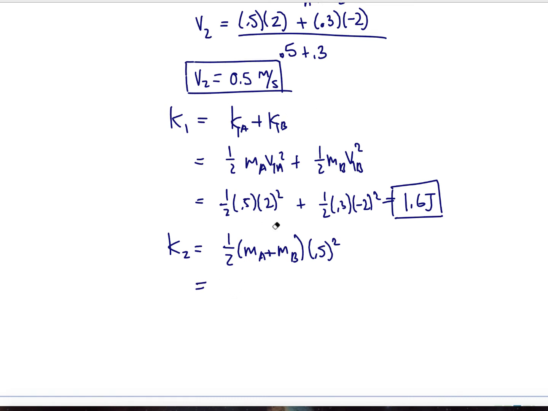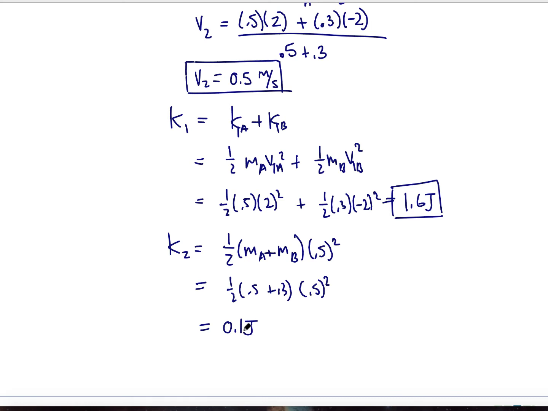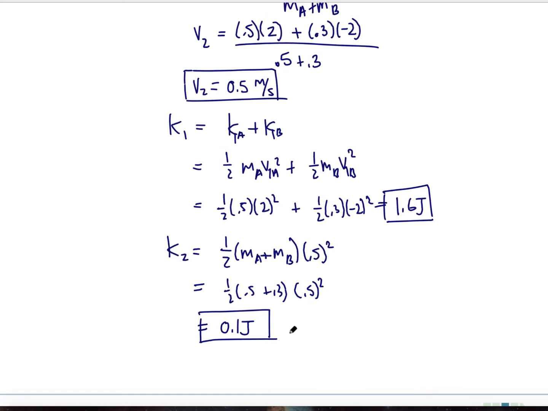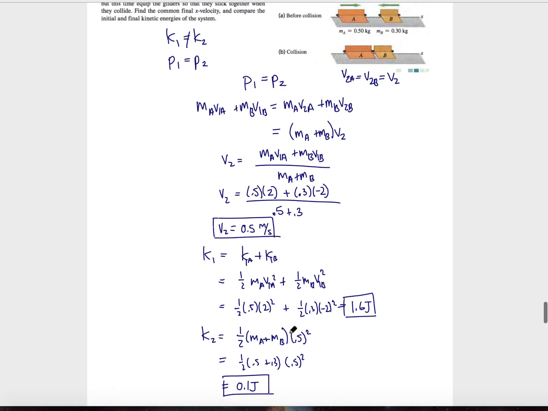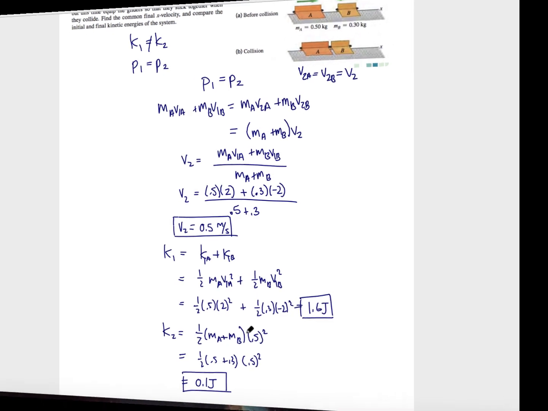Oh, I guess I should have gone ahead and just said that this was 1/2 times 0.5 plus 0.3 times 0.5 squared. And so this final kinetic energy is only 0.1 joules. So you can see that quite a bit of kinetic energy is lost in this inelastic collision. And the reason that it's lost is that in order for these to stick together, there has to be some reshaping of the system so that they stick together. And that's where that energy goes.